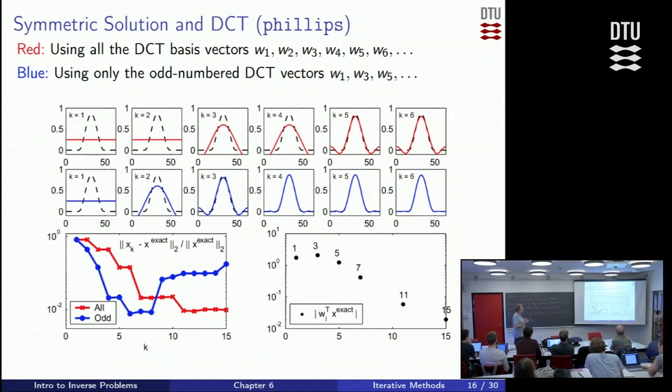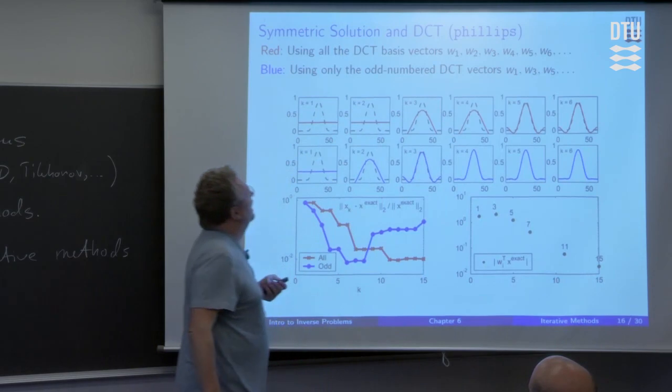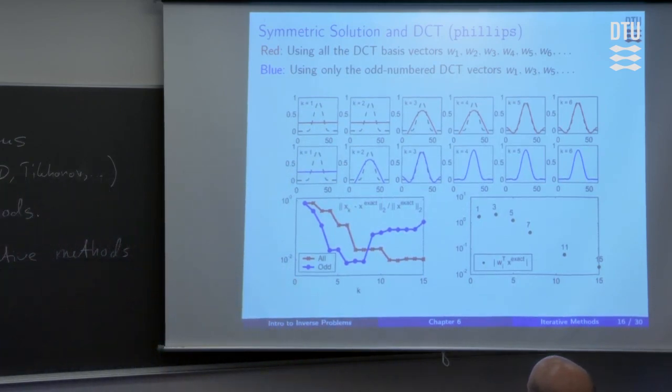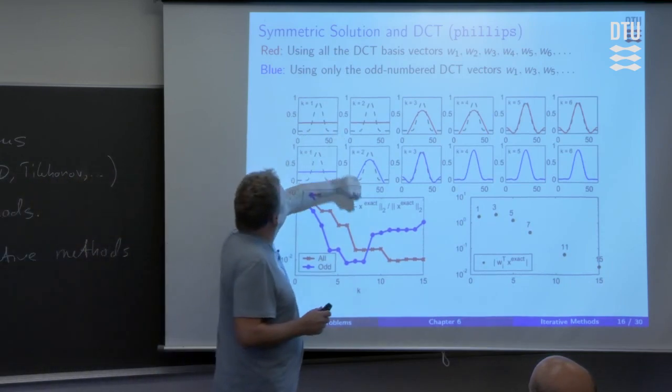Okay, what we see first here, the top figures here with the red lines there, those are approximations with 1, 2, 3, 4, 5, and 6 cosine vectors. And you see there's something systematic going on there, because the solution looks exactly the same for k equal to 1 and k equal to 2.